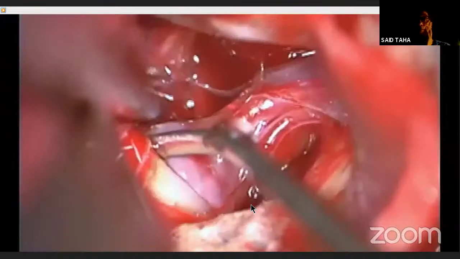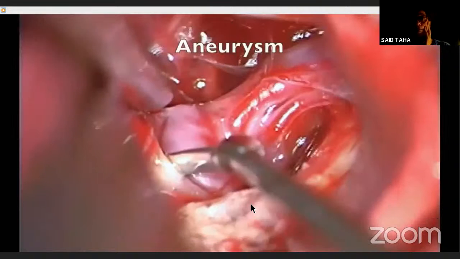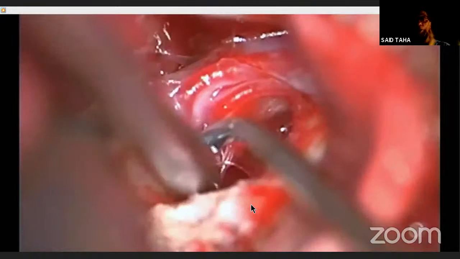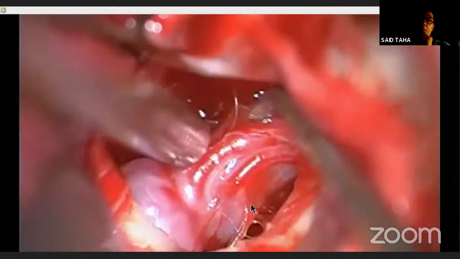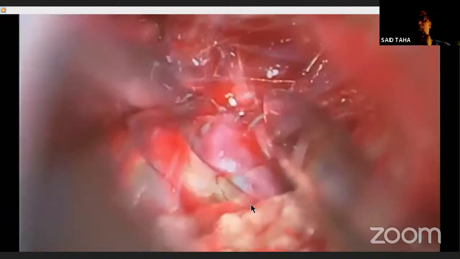There is some perforating branch. We explore the base of the aneurysm.